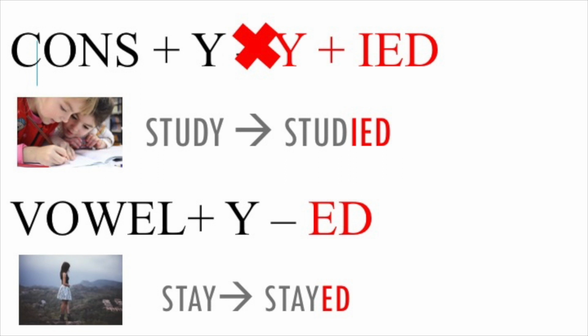A, E, I, O, U. So, notice verbs that have a vowel, such as letter A, before the Y, we don't delete the Y. We just add ed. Consonant plus Y, delete Y, I-E-D. Or vowel plus Y, keep the Y and just add ed. Such as stay, stayed. Well done. You see, vowel before the Y, we keep the Y.